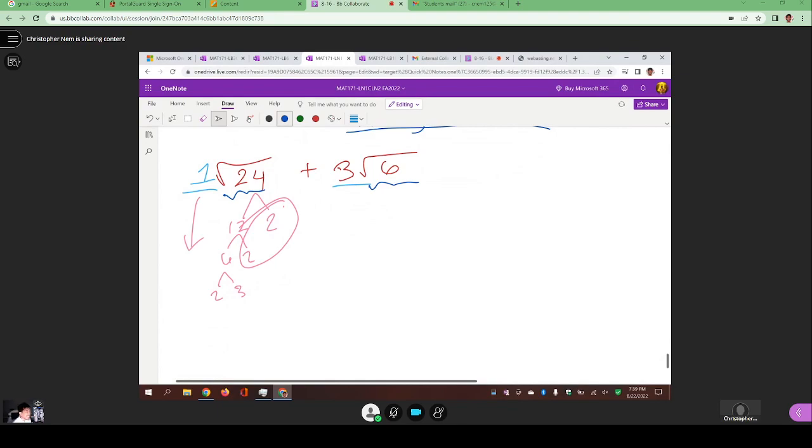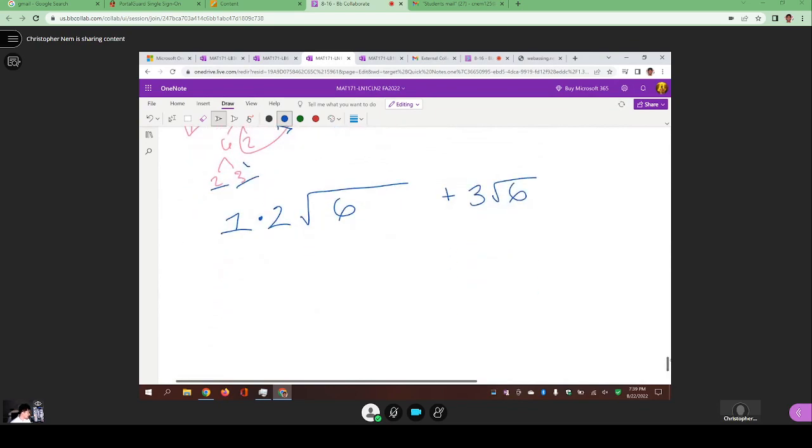You cannot delete that. So we have 1 times, now we have a single representation of 2. So 1 times 2, square root. Every other prime number in our factor tree that did not have a pair will go inside our radical, which is 2 times 3, which is 6. So now once we simplify this out, 1 times 2 is 2 root 6 plus 3 root 6.